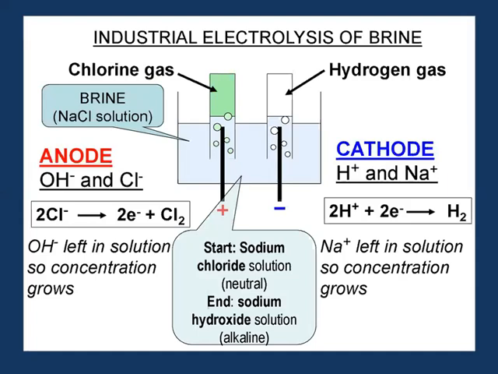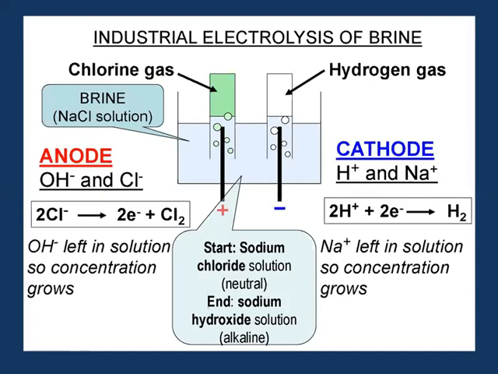Water dissociates to hydrogen ion and hydroxide ion. Negative ions or anions are attracted towards the positive terminal, that is anode. Positive ions, that is cations, are attracted towards the negative electrode, cathode.